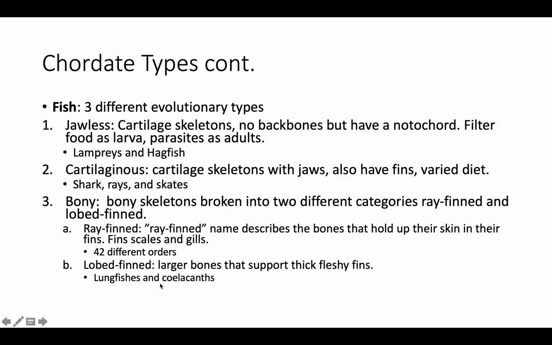These are lungfishes and coelacanths. Of the ray fin, there are 42 different orders, so quite a bit. Look at a coral reef, you have tons and tons of different types of ray fin fish just floating around. Not so much with lobed fish.